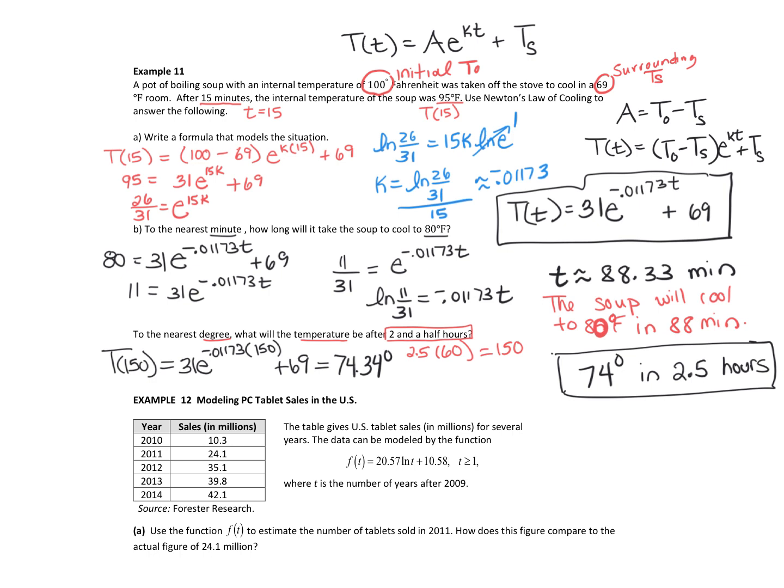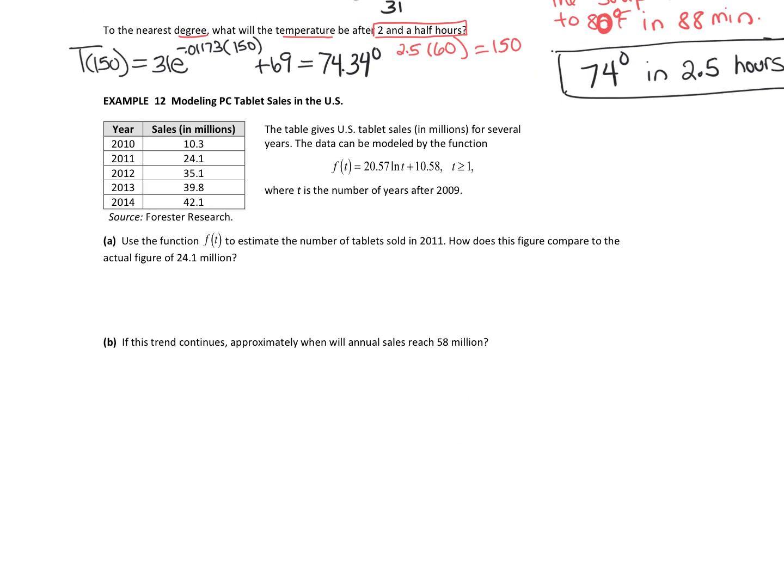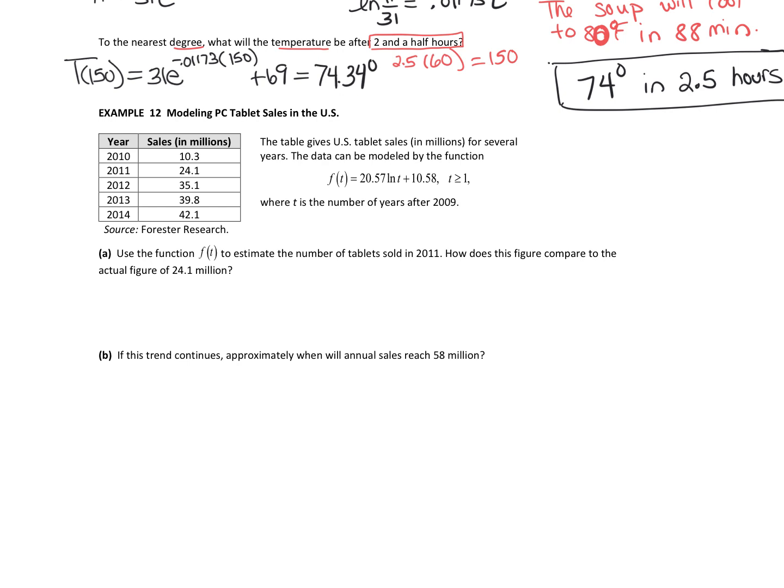The next model that we have is example 12, modeling tablet sales. This is a logarithmic model. In this example, the table gives U.S. tablet sales in millions for several years. This in millions here, we're going to underline that. That's going to become important.